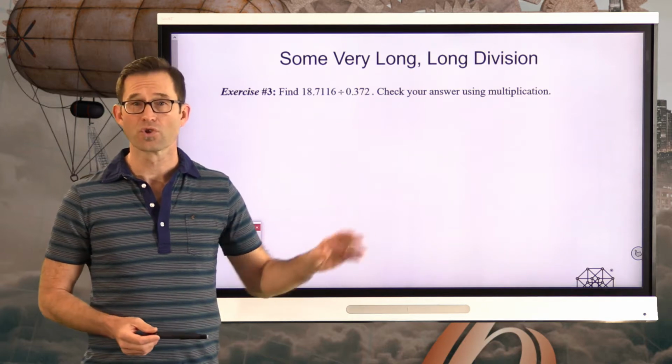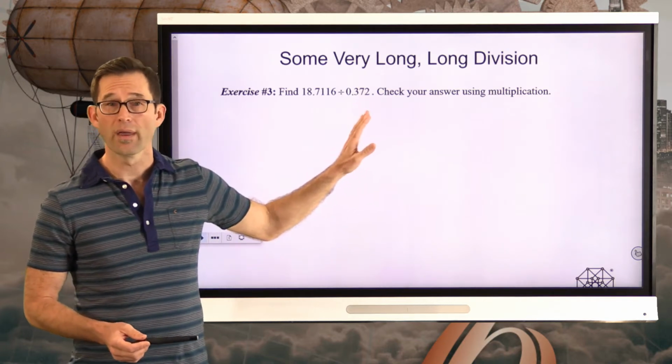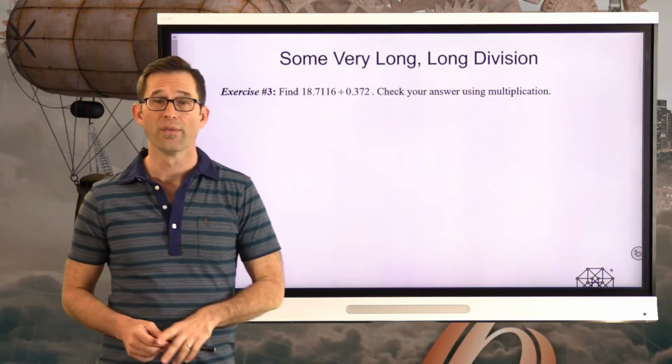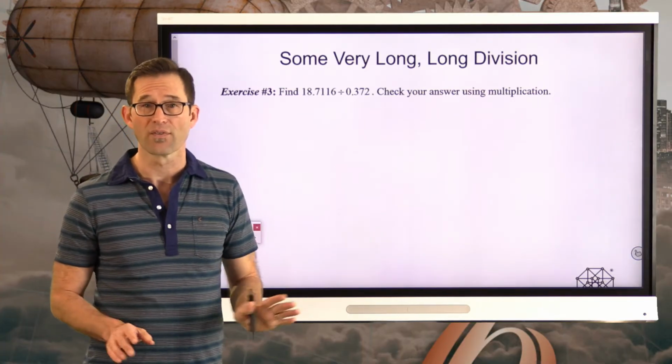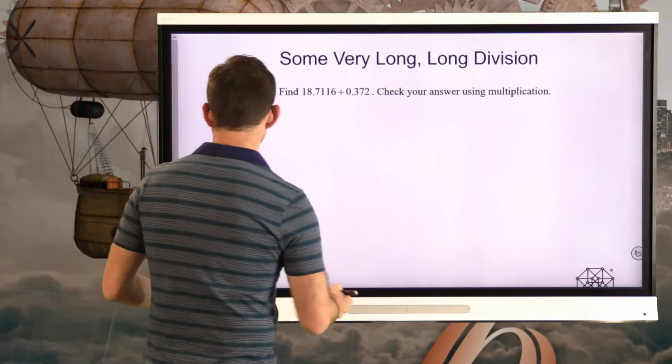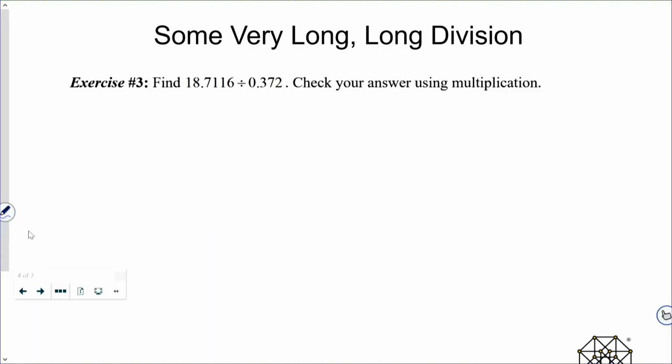Now, one thing that of course is tricky is that division can be written this way, and will very oftentimes be written this way, or it can be written with the standard division bar and things like that. So we have to make sure just from the very beginning that we're actually writing this down correctly, right? I'm dividing 18.7116 by 0.372.